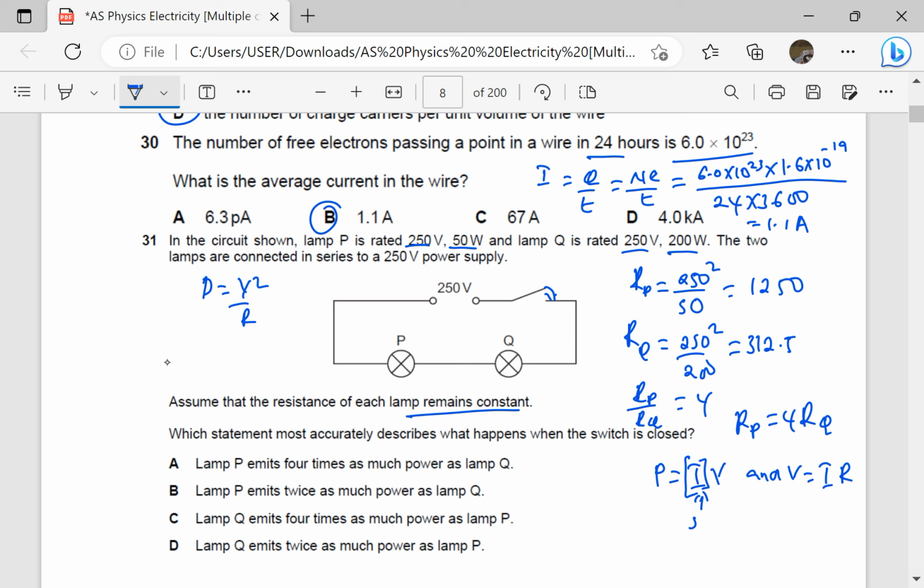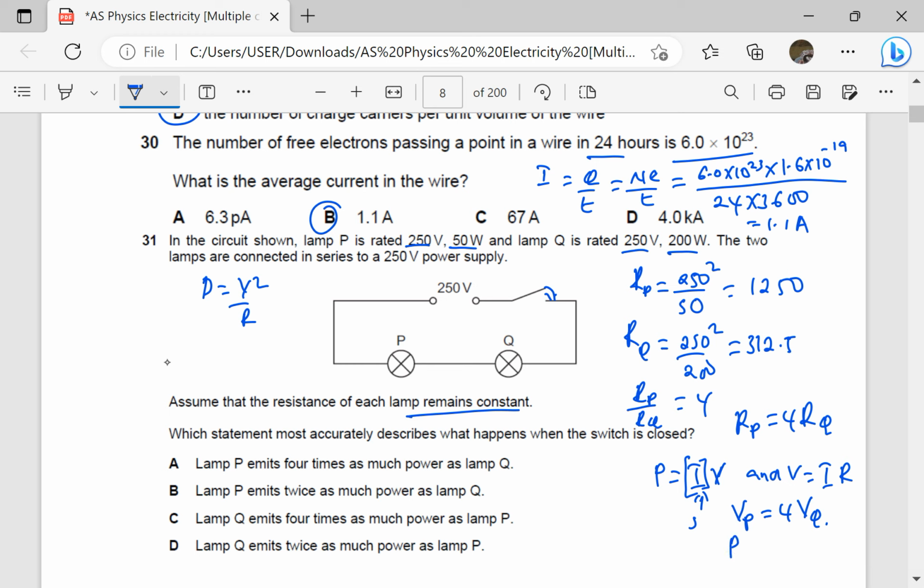Resistance of P is 4 times resistance of Q, meaning the PD across P should be 4 times the PD across Q. Because power is equal to I times V, the power of P is going to be 4 times the power of Q.